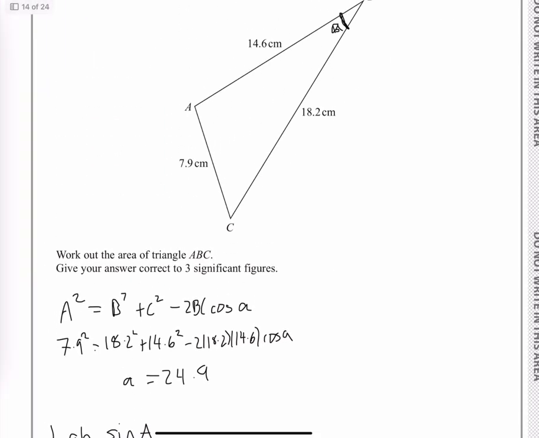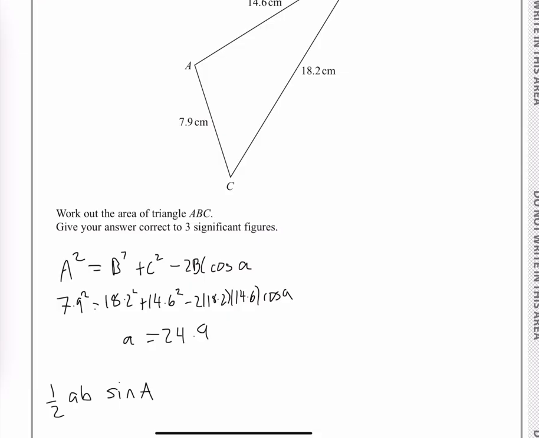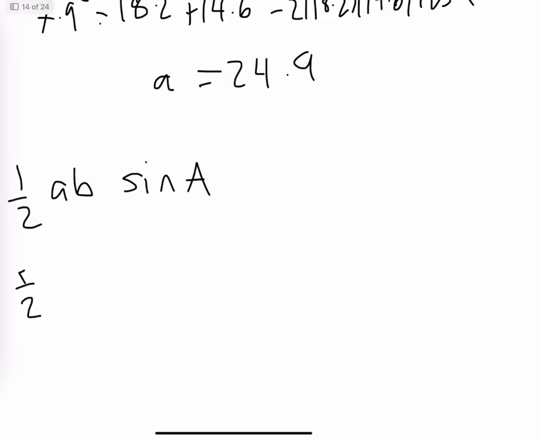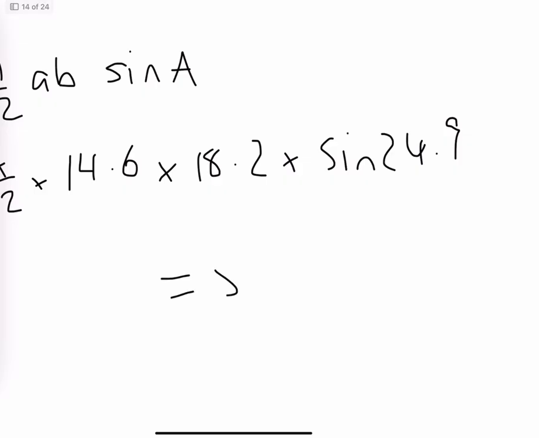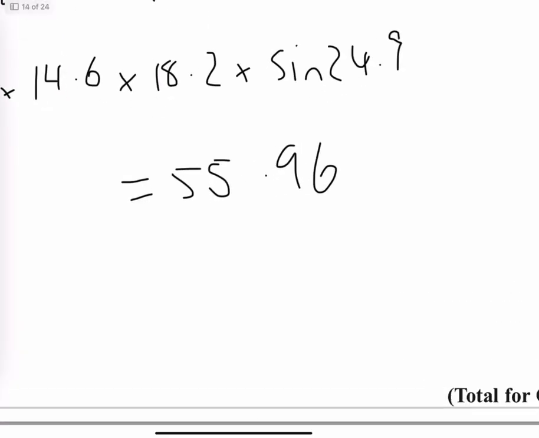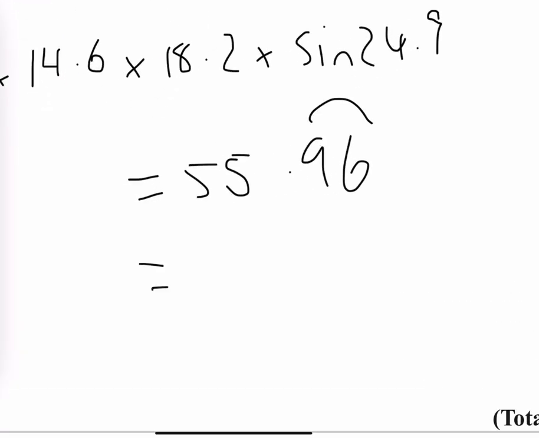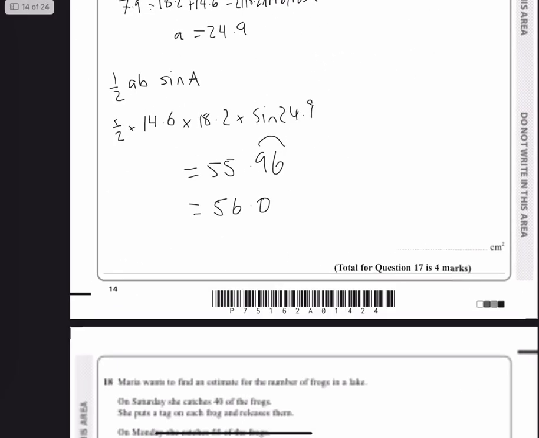Sorry, I haven't been consistent. 14.6 times 18.2 times sine of 24.9 would give us 55.96. What did they say? They wanted it to 3 significant figures. Okay, well this rounds up, so this is equal to 56.0. Nice, moving on.